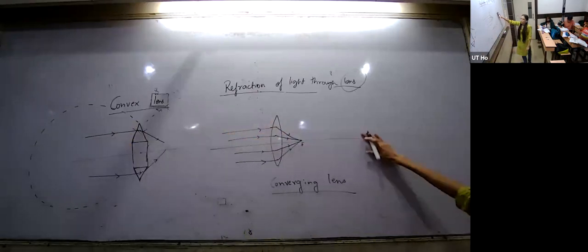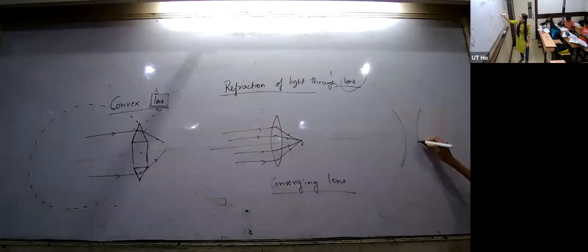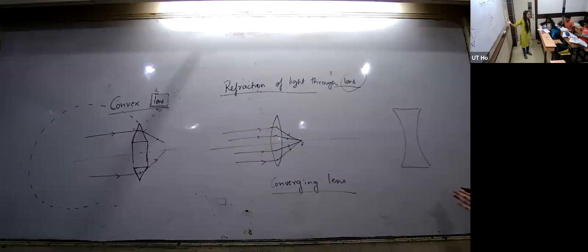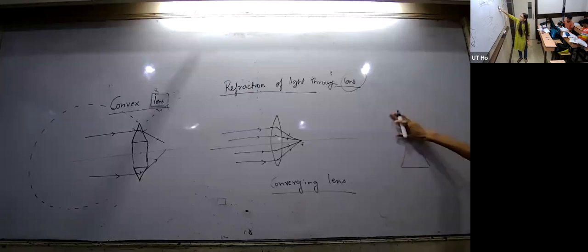Now the next one, which is this lens? Biconcave. This is biconcave lens. So henceforth we will be using which word? Concave lens. So I can represent the same thing by a structure like this.